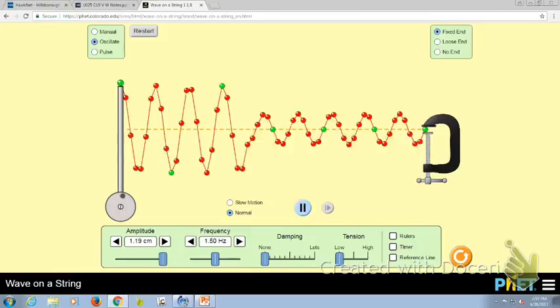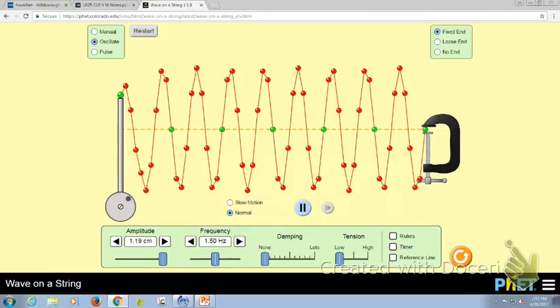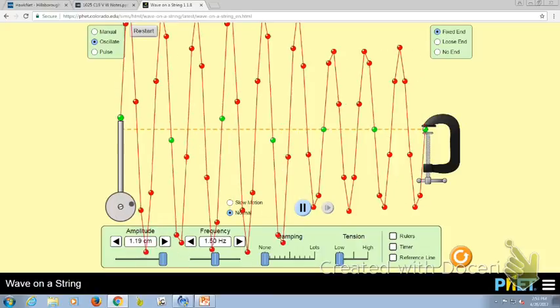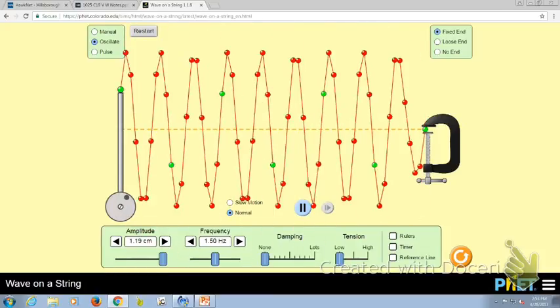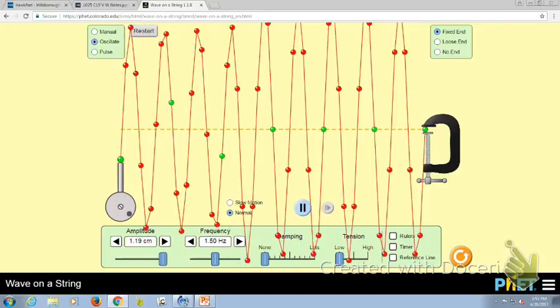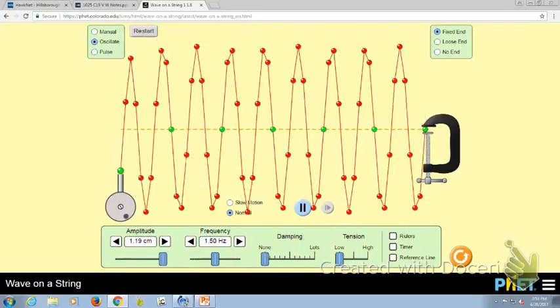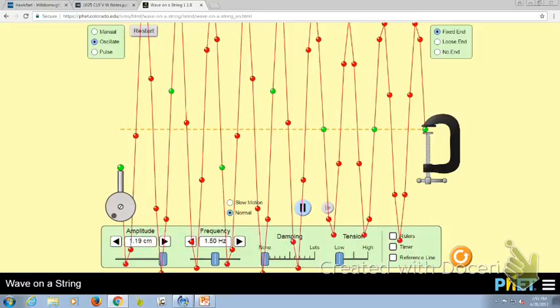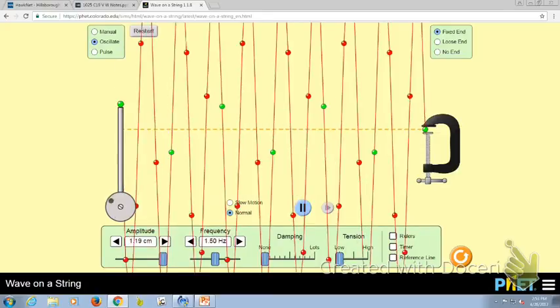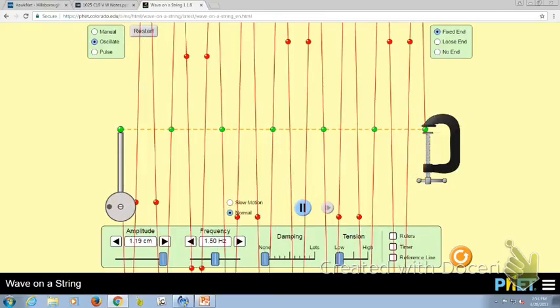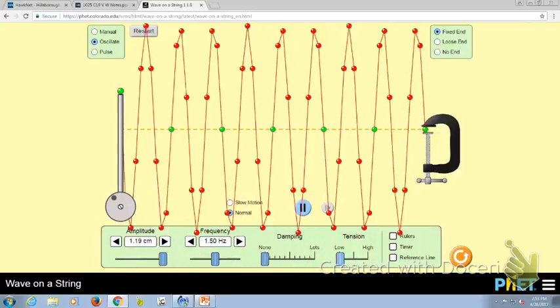And as the wave bounces back, it messes with the wave that's coming forwards. Now, this is kind of complicated, but you see the energy is kind of growing and growing and growing. Here's an interesting thing. I'm going to try and play with it and see if I can get this just right.